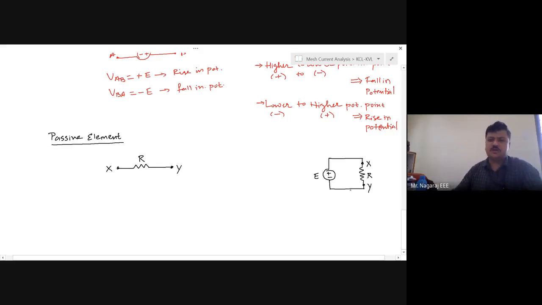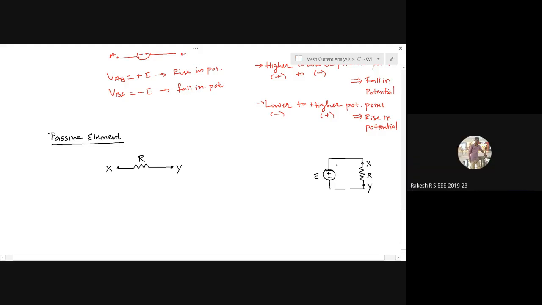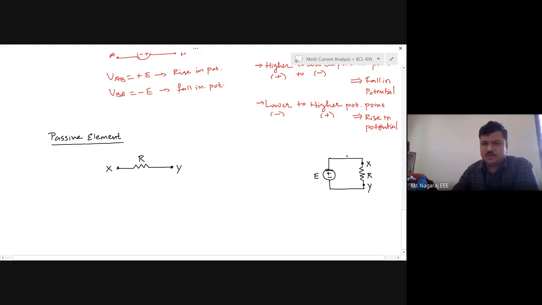Now, what is the direction of current in the resistor? Is it from X to Y or Y to X? It will be X to Y, no doubt. That is the conventional current that we always consider to flow from the positive terminal of the source.